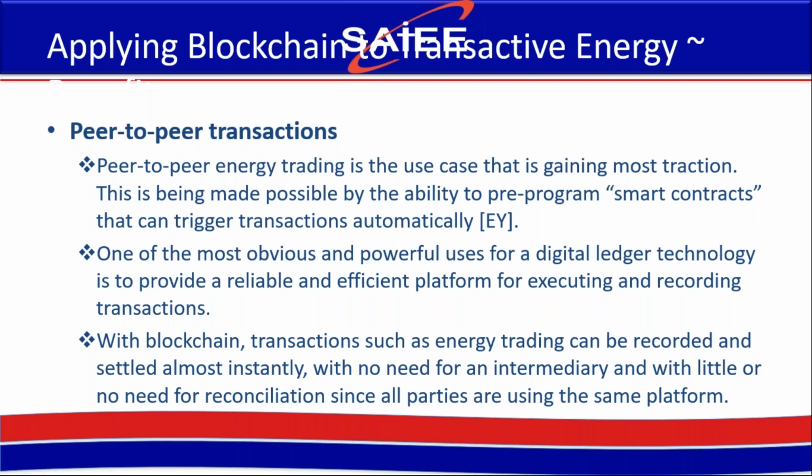Like I've been mentioning, one other good thing that blockchain is giving us is what we call peer-to-peer transactions. Like I said, now you can transact with anyone. Peer-to-peer energy trading is the use case that is gaining the most traction. This is being made possible by the ability to pre-program what we call smart contracts that can trigger transactions automatically. So you can actually sign contracts with people using blockchain.